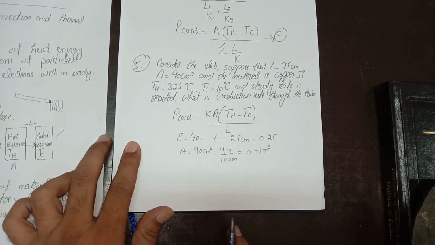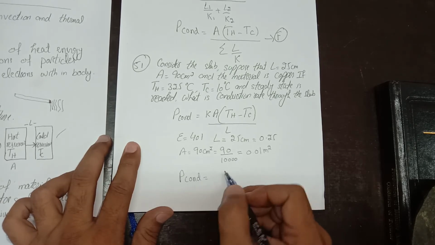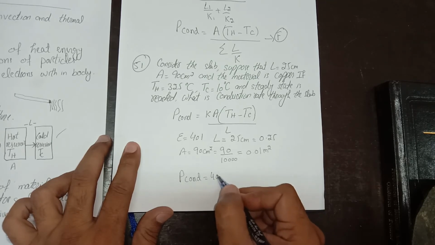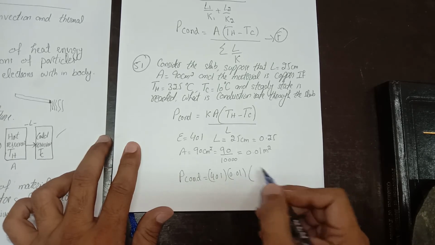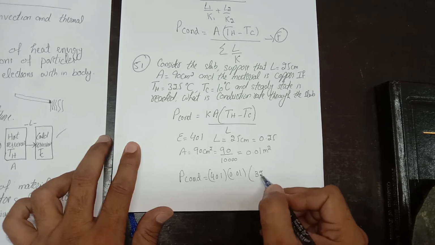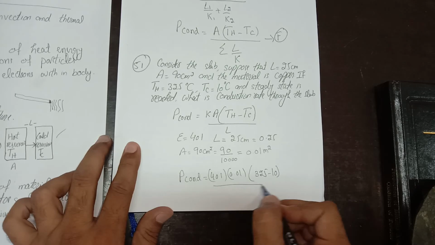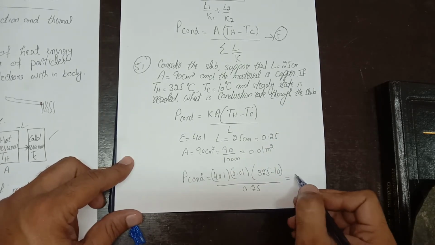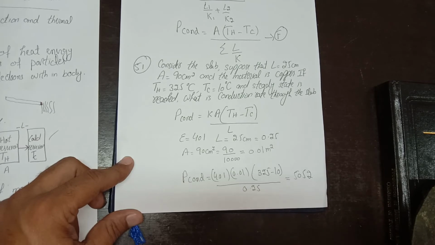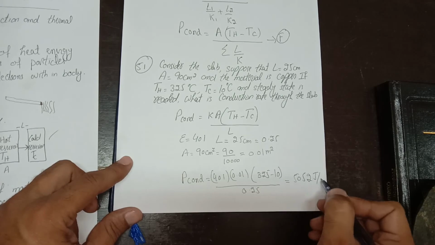Now when you substitute all these values, the conduction rate would be 401 times 0.01 times (325 minus 10 degrees centigrade) divided by 0.25. This would come out to be 52 joule per second.